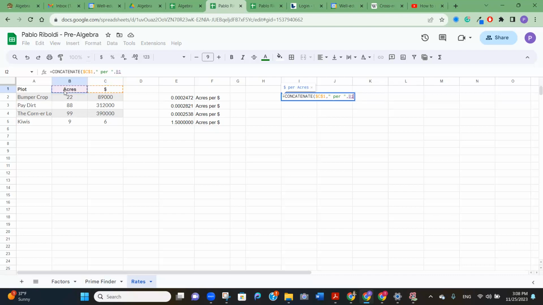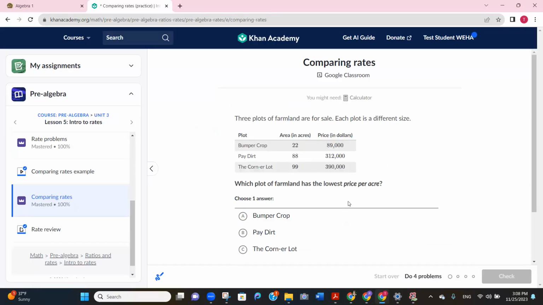And we fix also that there. So now that is going to give us the dollars per acre, which is really what we want in our problem.